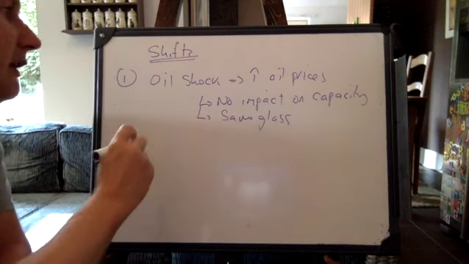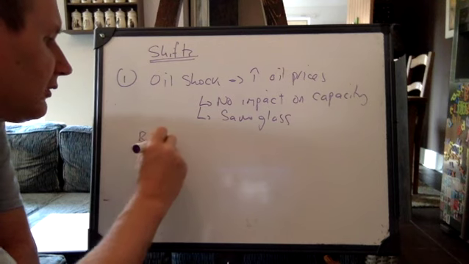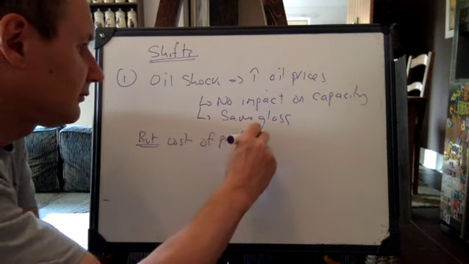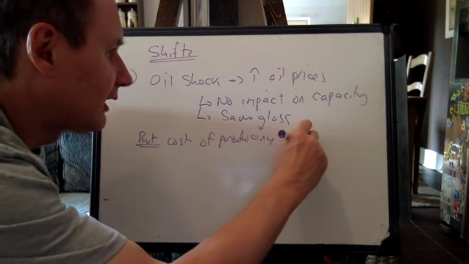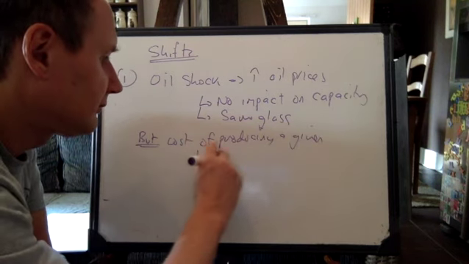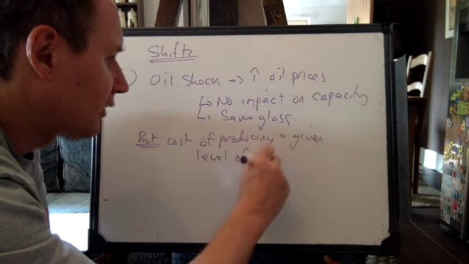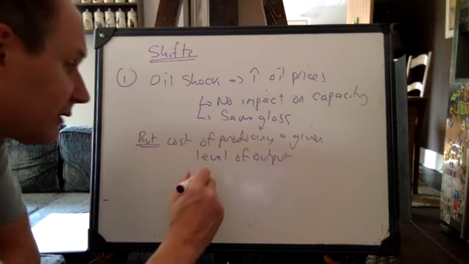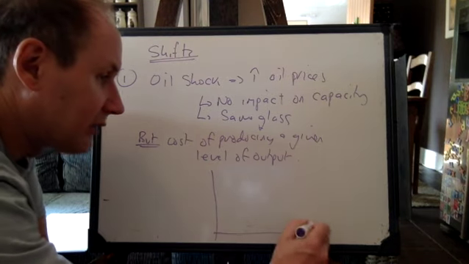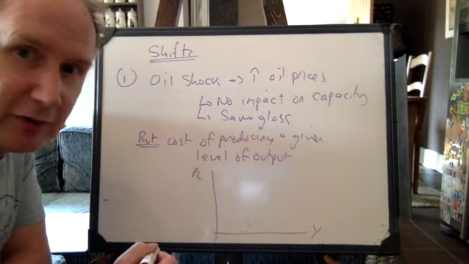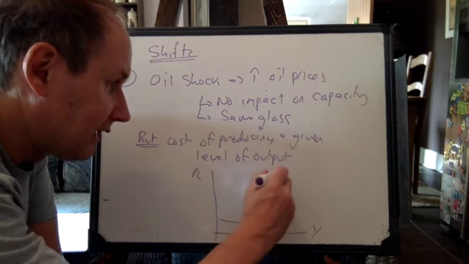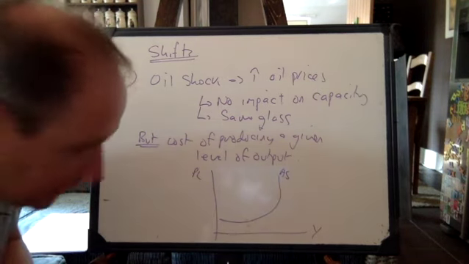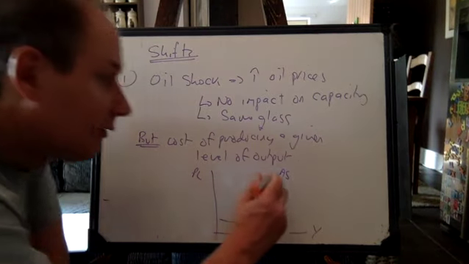All that's happened is that the cost of producing a given level of output in the economy as a whole has risen. So how are we going to show that? Well, it's dead simple. There's real GDP, there's the price level, there's our aggregate supply function. What we just said is that nothing is going to happen to the vertical section.